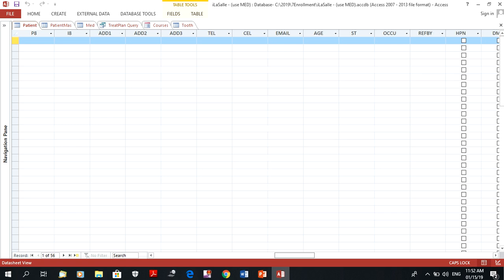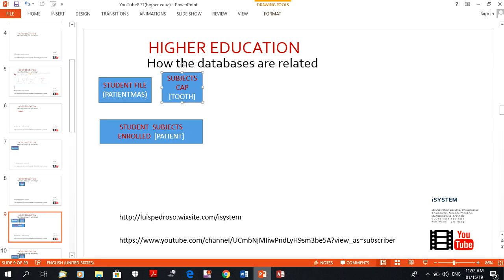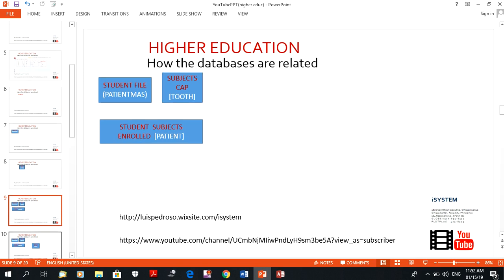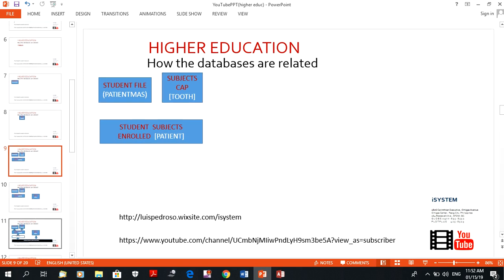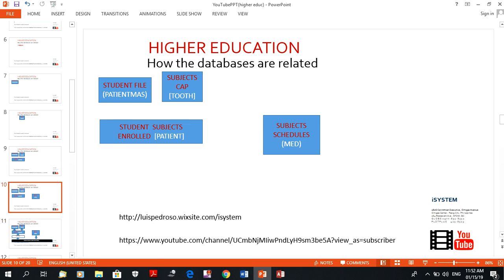Undoubtedly, when you have all this data, it now goes to the transaction file. But before that, you also have to include the subject schedules, because you've enrolled in the subjects, correct, and you have to cross-refer it to the subject schedules.